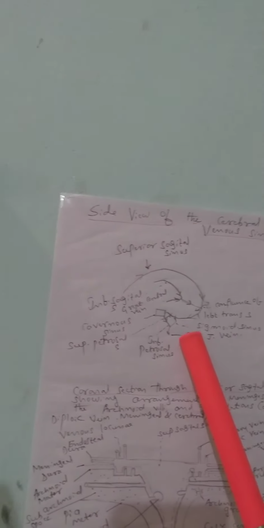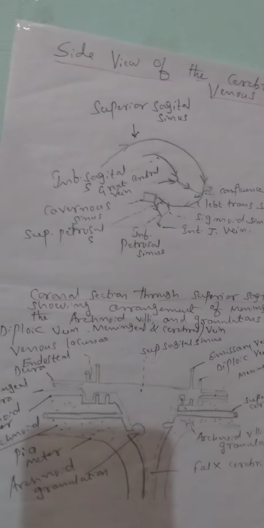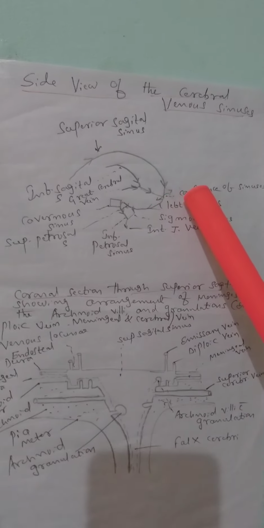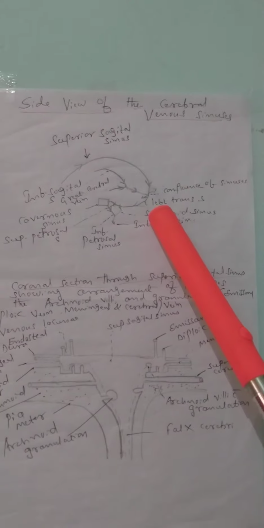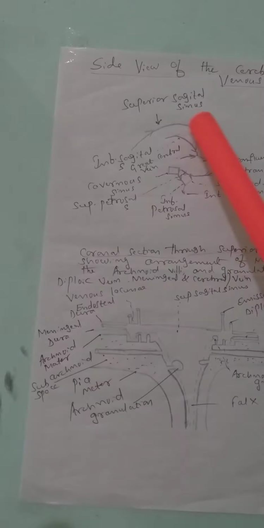The superior sagittal sinus ends at the internal occipital protuberance. It continues as the right transverse sinus. The right transverse sinus is larger than the left transverse sinus.